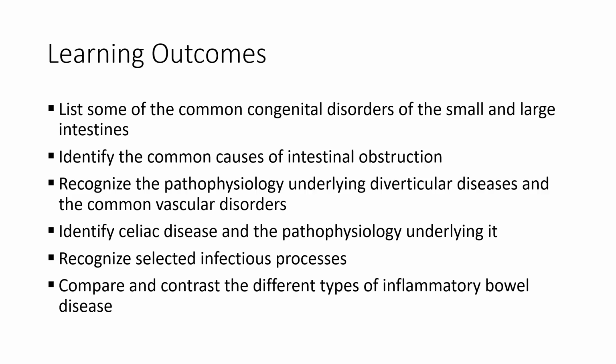You will also be able to identify celiac disease and understand its pathophysiology. We will talk briefly about infectious processes, and you will be able to compare and contrast ulcerative colitis and Crohn's disease, which are types of inflammatory bowel disease.